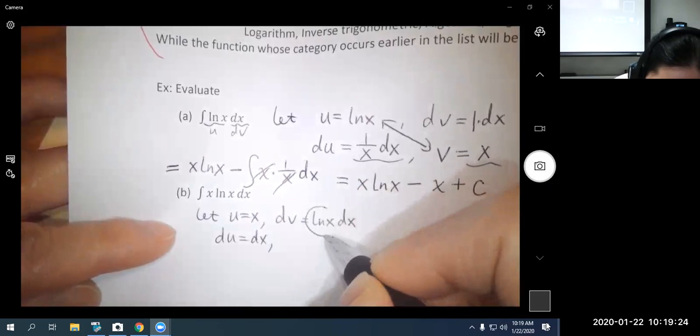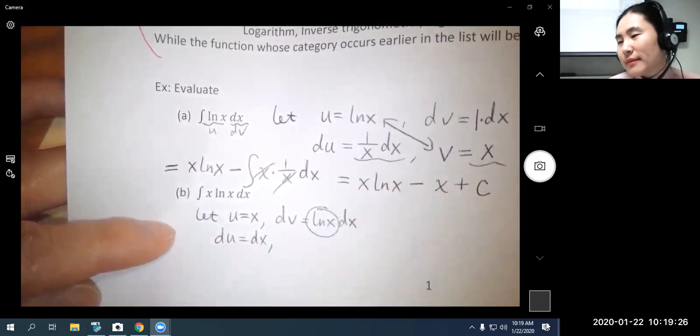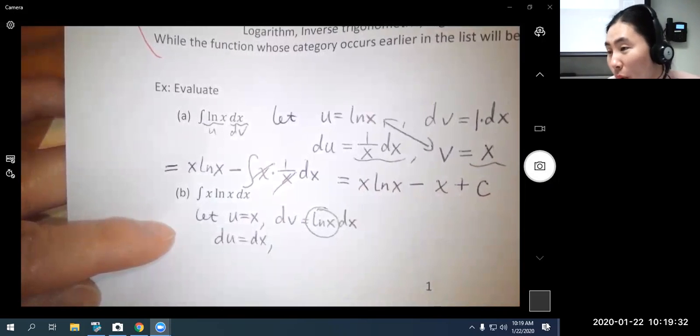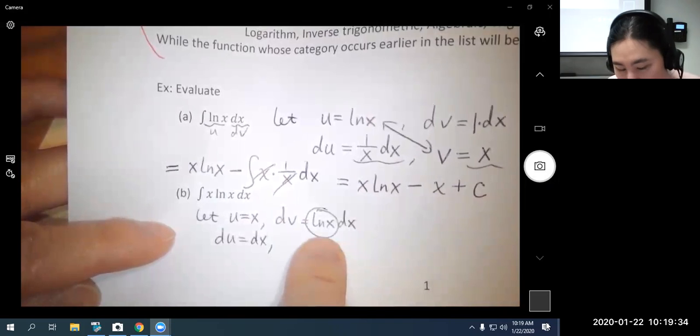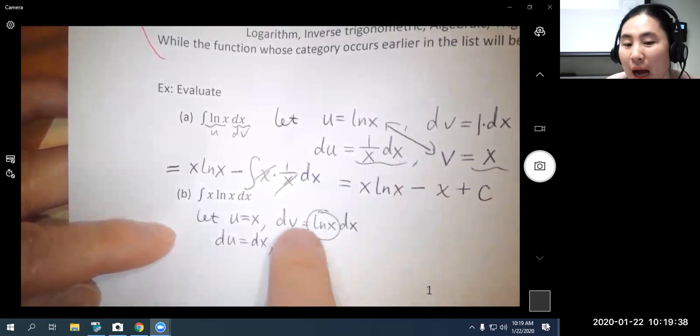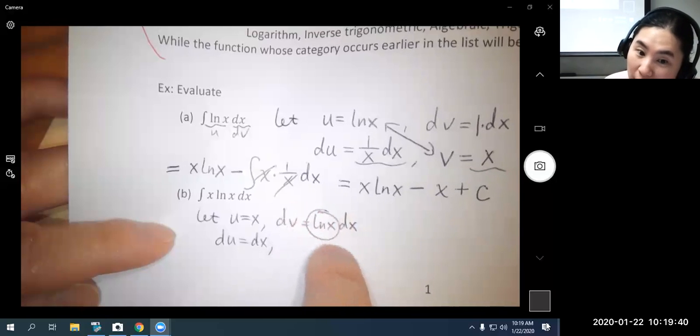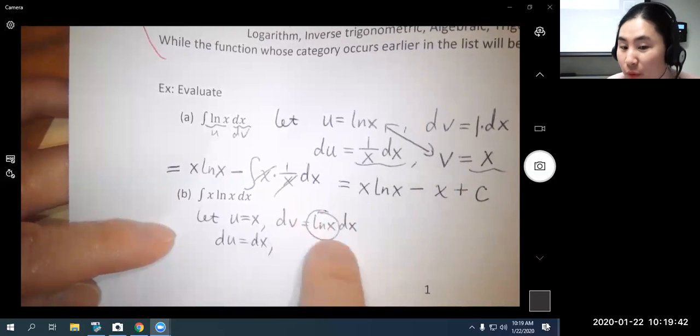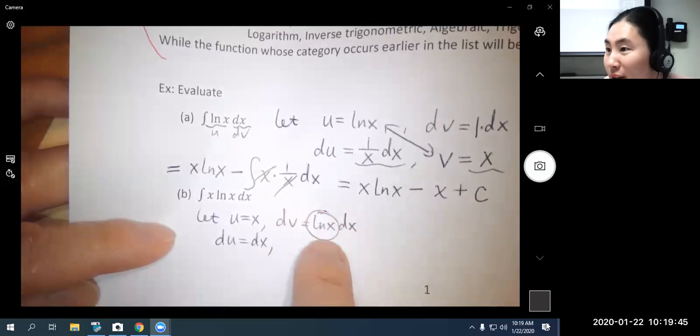What is the antiderivative for ln x? Is it 1 over x? No. The derivative for ln x is 1 over x, but we're not computing the derivative. So what is the antiderivative for ln x? We don't know, but if we know, it's going to be more complicated than ln x.